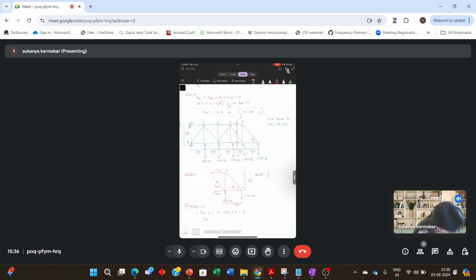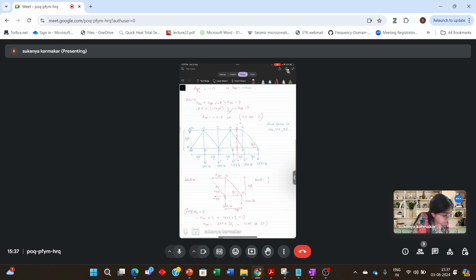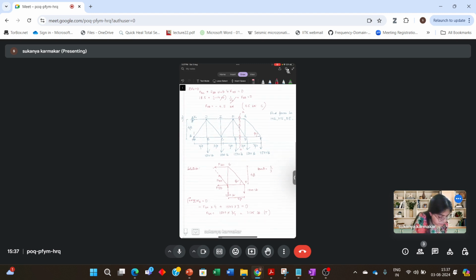So FGH comes out to be 1500 into 3 by 4, which comes out to be 1125 pound, and it's positive, meaning the force is in tension. So FGH is calculated.